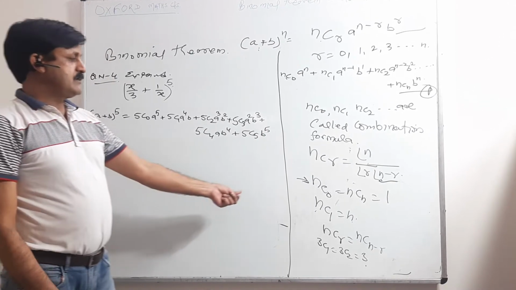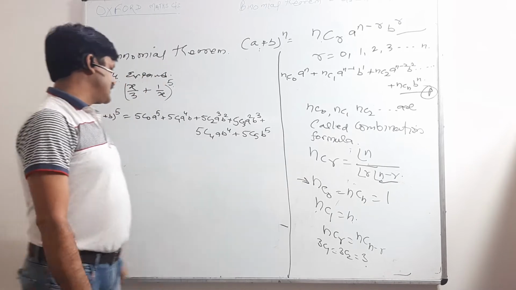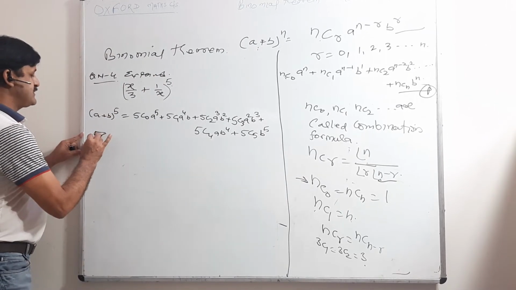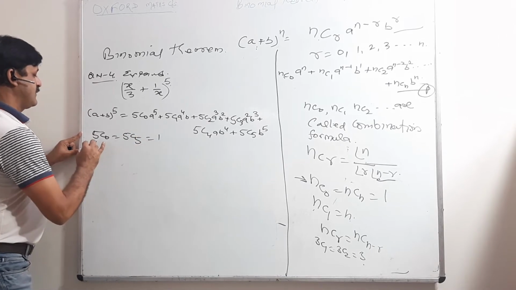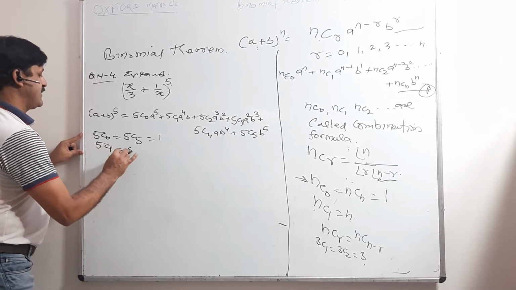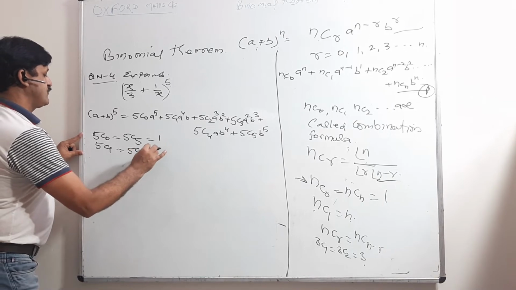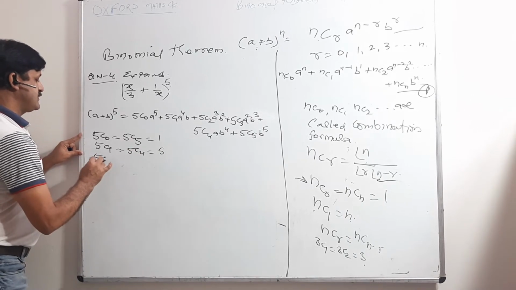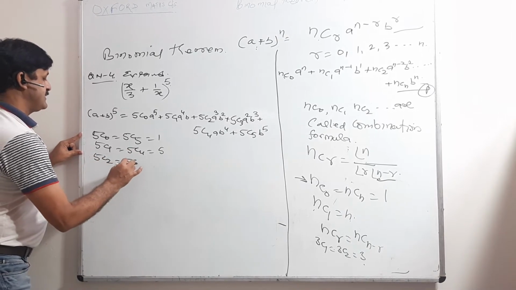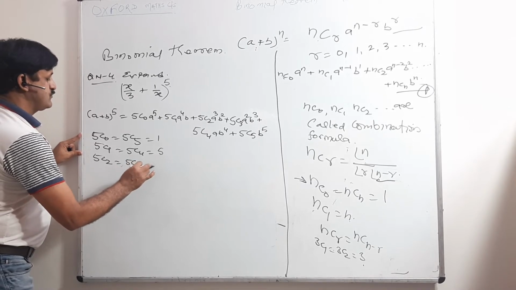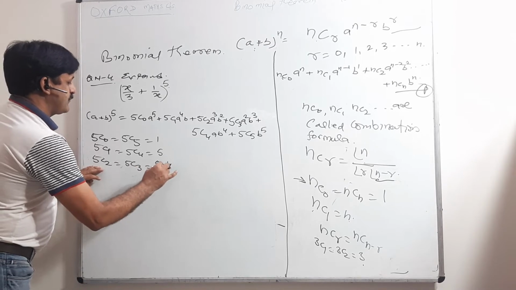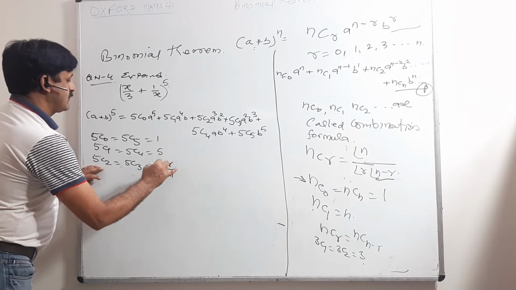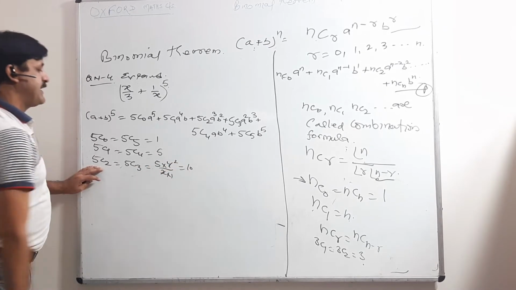By the help of these combination formulas, we know that 5C0 is equal to 5C5 is equal to 1, 5C1 is equal to 5C4, that is equal to 5, 5C2 is equal to 5C3, which we can expand like 5 into 4 upon 2 into 1, that is 10.